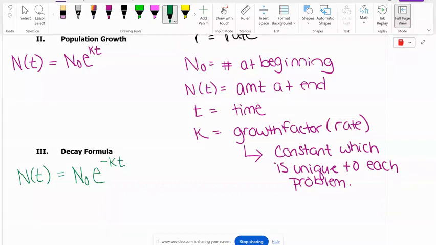It means all the same things as the problem above. All the variables mean the same. E is our like 2.7, that same number we've been using for E.